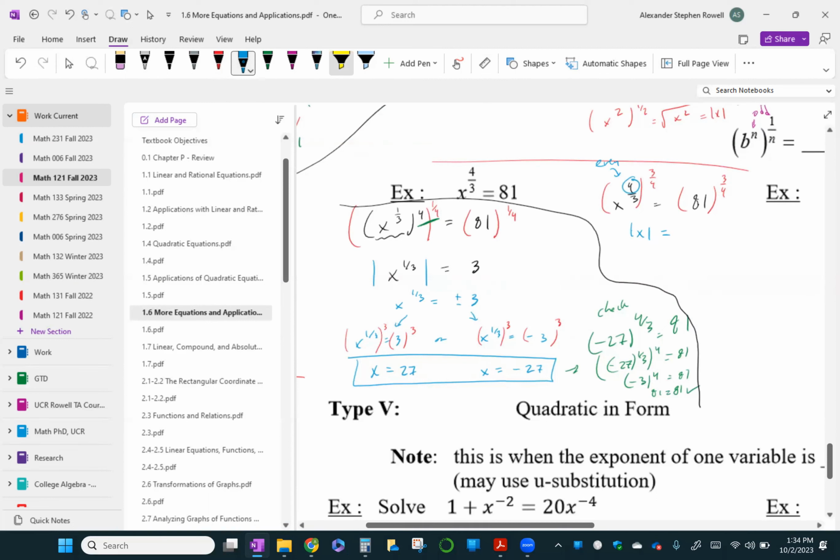Absolute value of x is equal to 81 to the 3/4, which is 27. I'm just going to trust you can plug that in your calculator. And then to get rid of the absolute value, you get plus or minus 27 on the other side. So the shortcut is you raise to the reciprocal of the fraction, right? But the problem is remembering if the top number is even, you need the absolute value. All right, any questions about that?